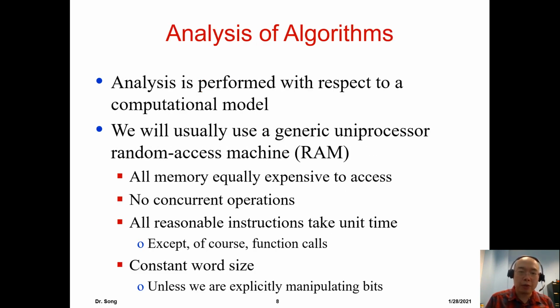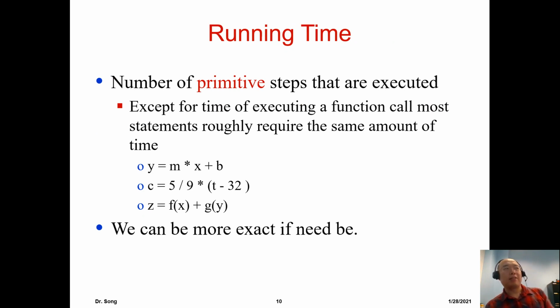And coming back to our assumption here, we are assuming that all the primitive steps are equally expensive, so they are requiring almost the same time to run any type of primitive step. So the time complexity, or how long an algorithm is going to run related to the input size, will become how many primitive steps are required so that we can finish this algorithm on a given size of the input.